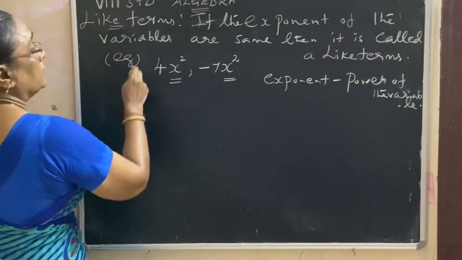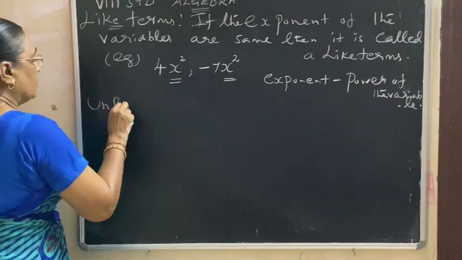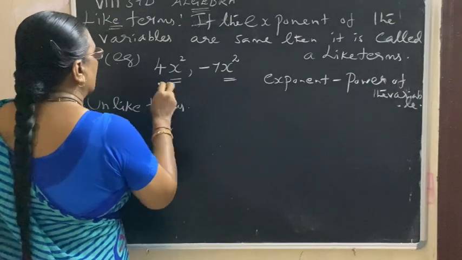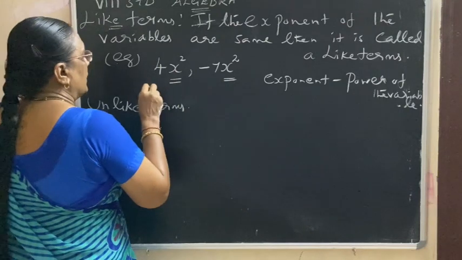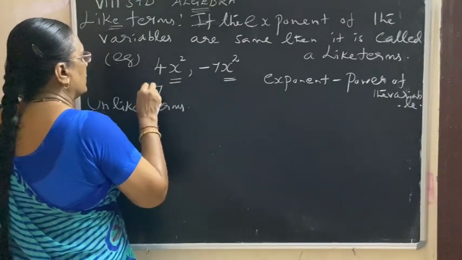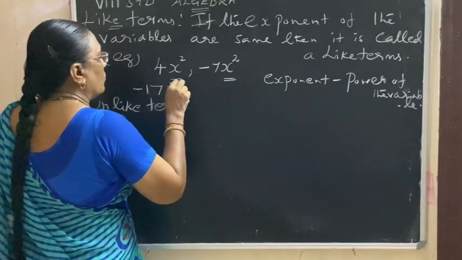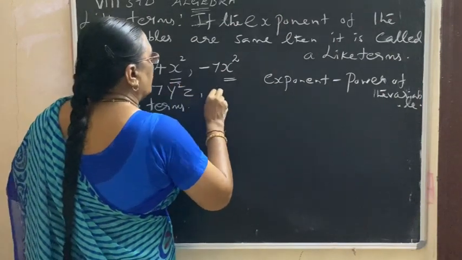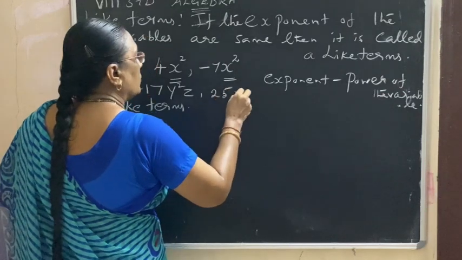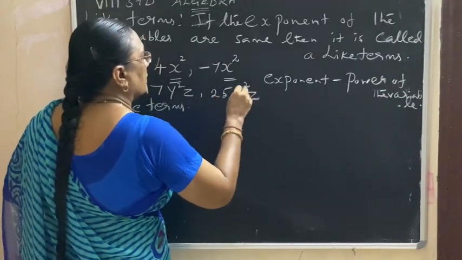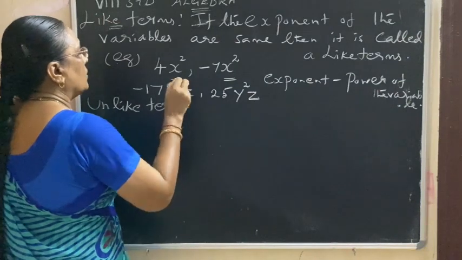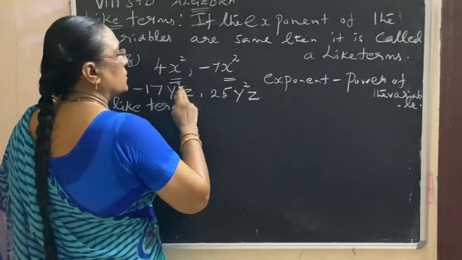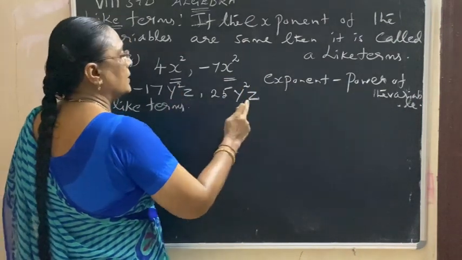Now what is an unlike term? All of you know how to identify like terms? Another example I will write: 7 or minus 17y square and 25y square. What are the exponents here? 2, here also 2, here also yz and here also yz.